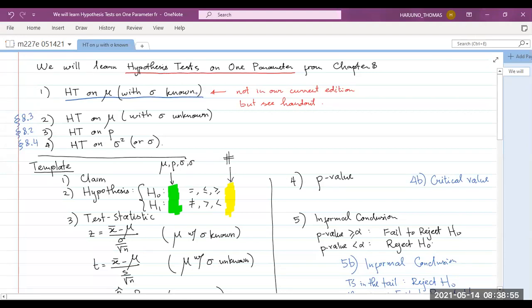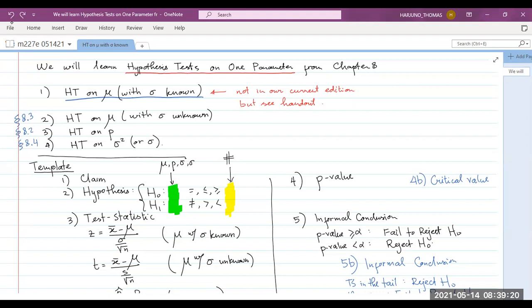I still teach this part because first, it provides a good foundation for 8.3 and 8.2, especially. And it is actually still being used in real life settings, so it's not something we don't use at all.